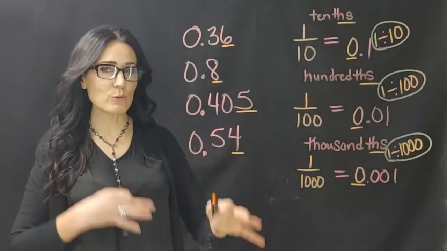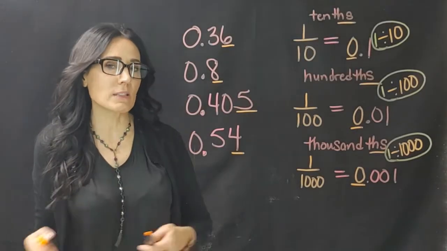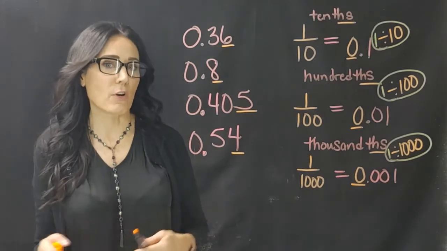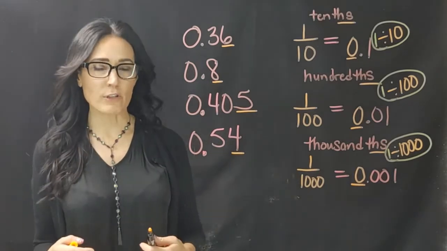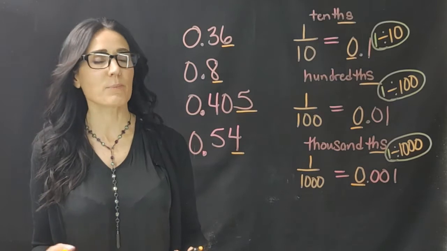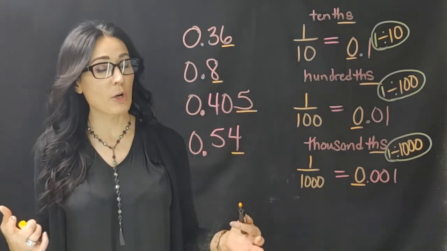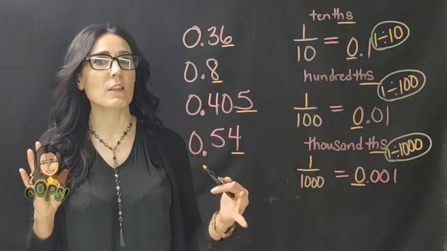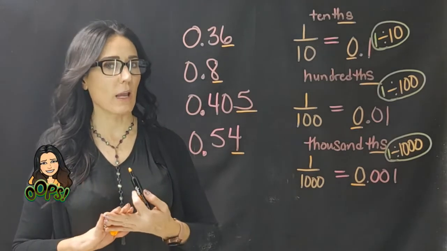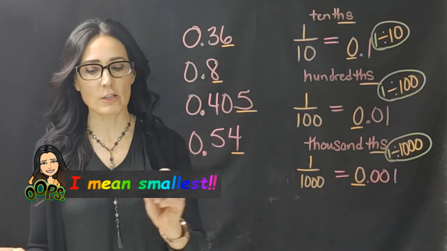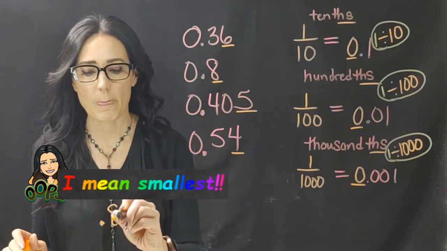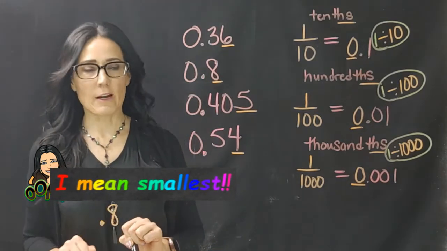All right, but how do you tell which one's larger? Because they don't have the same place values. They all have different final names, okay? So when we're looking at this, if I didn't know, I would think that 8 would be the largest. So if I were to say, okay, least to greatest, 8 is going to be the largest. So let's put that there.